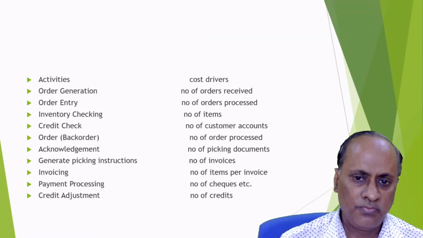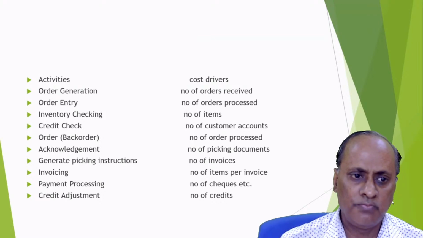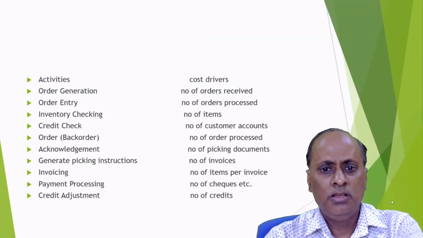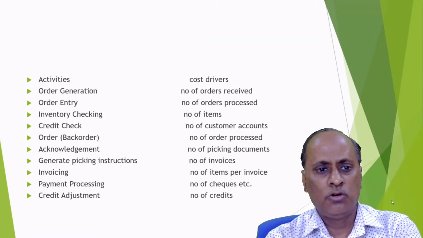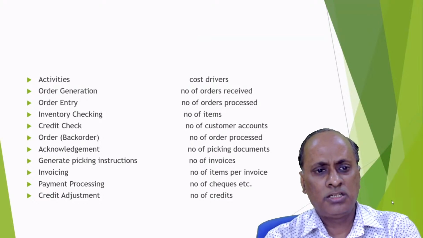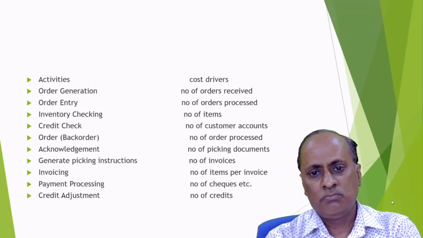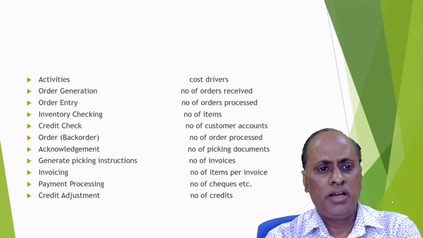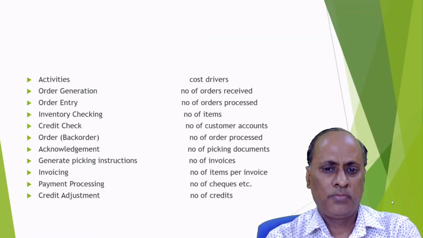order generations and cost drivers. The order generation depends on the number of orders received, isn't it? If the number of orders received is more, then order generations are more, and the cost depends on the number of orders received. Now the activity is order entry.